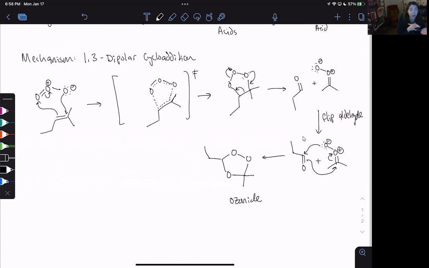And then you'd add in your various, your zinc and water or your dimethyl sulfide or just water or whatever. And then that's when you would get the carboxylic acid or the ketone, the aldehyde, any of those things, okay? So this is where you put in your zinc and water.